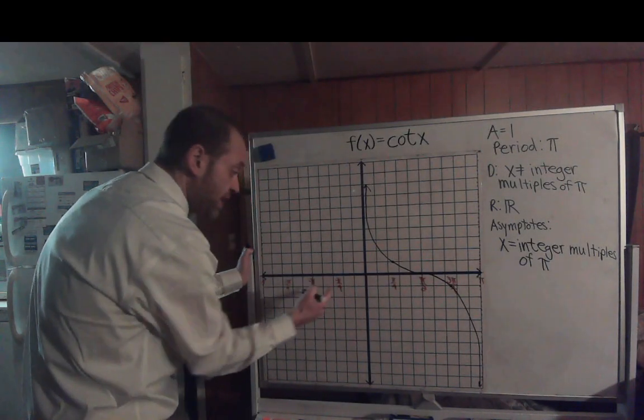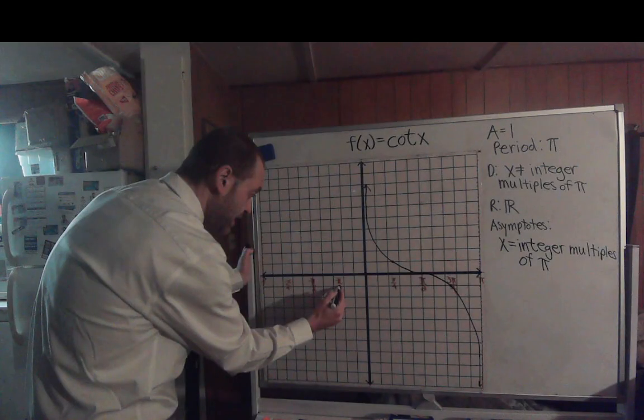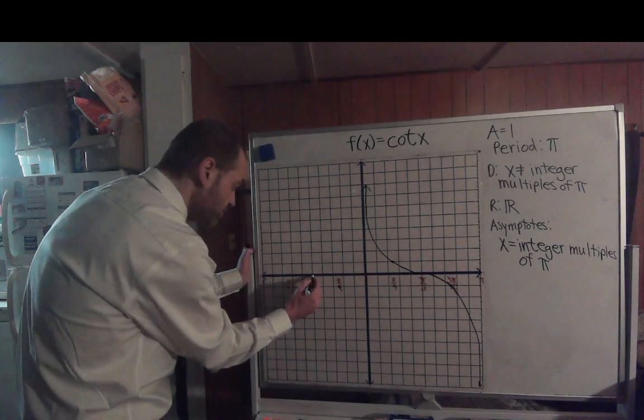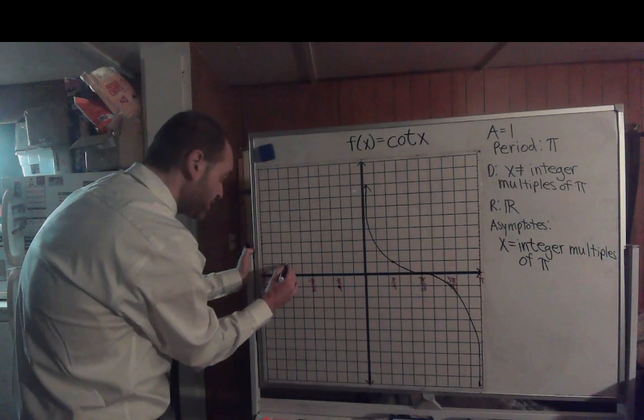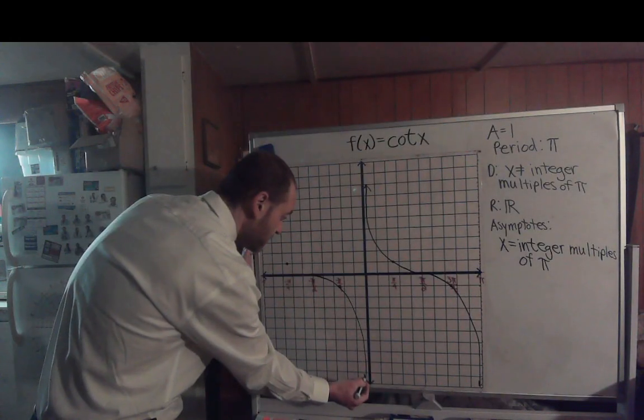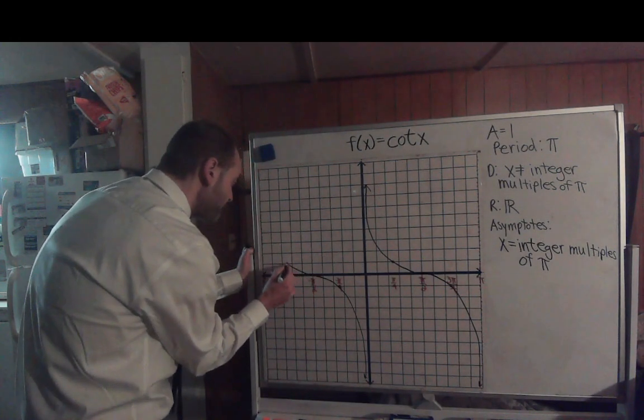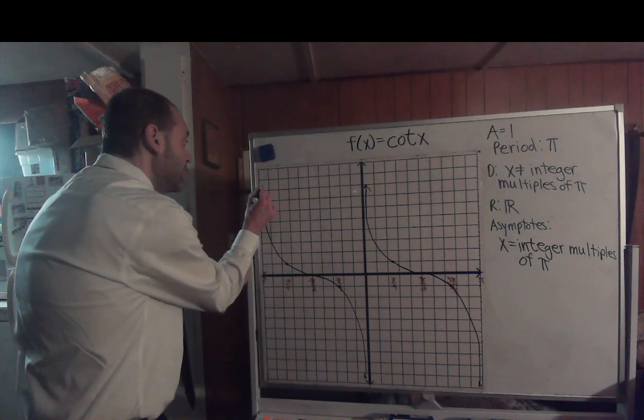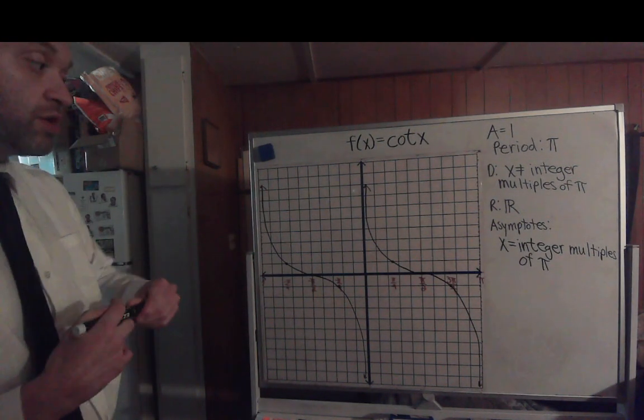Alright, negative pi over 4, it's actually going to be negative 1. Negative pi over 2 is 0. Negative 3 pi over 4 is 1. So here's going to be that graph. And there is the graph of your cotangent function.